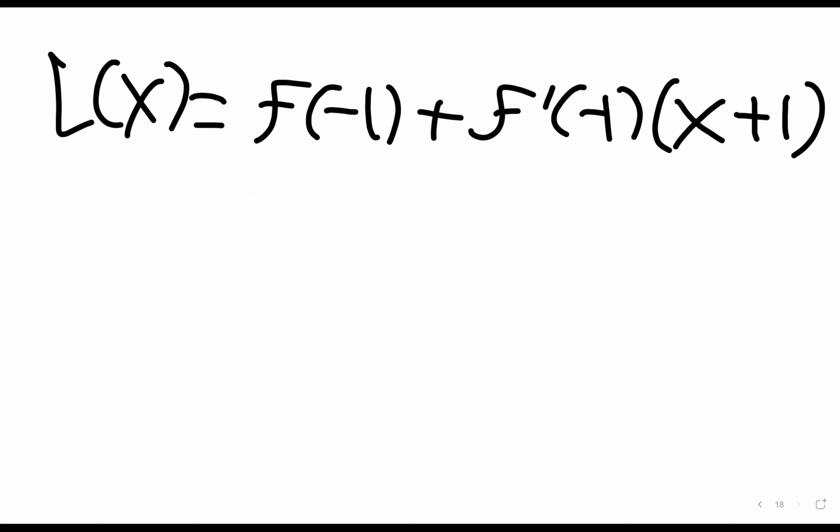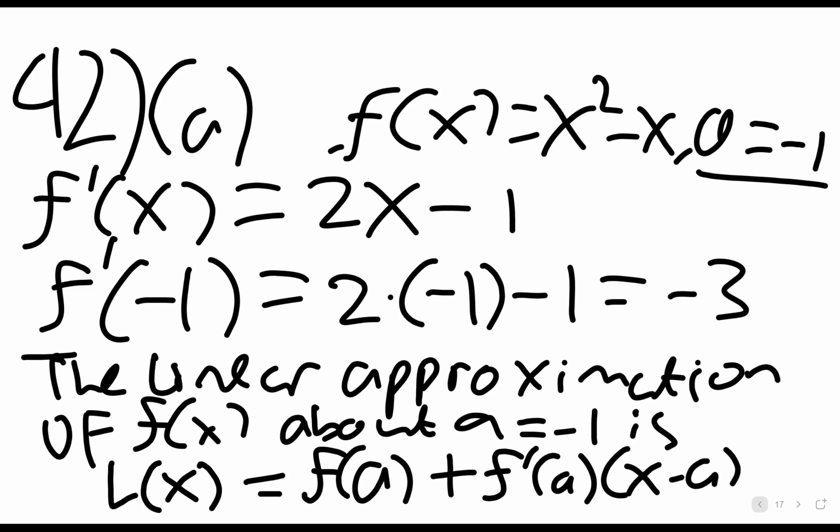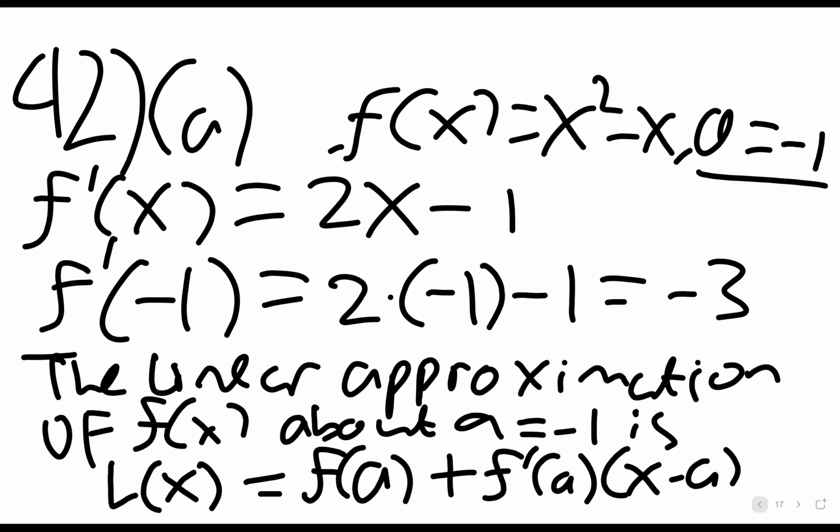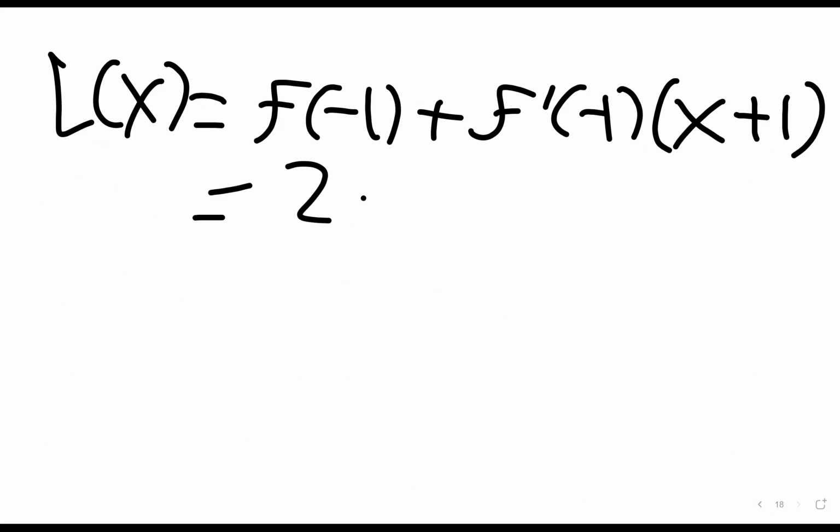Now just calculate the value of f at -1. If x equals -1, I have -1 squared, that will be 1, minus -1, that will be 2. And f prime of -1 we just calculated, namely -3. So I have -3 multiplied by x plus 1.